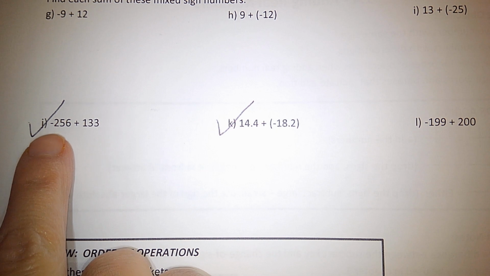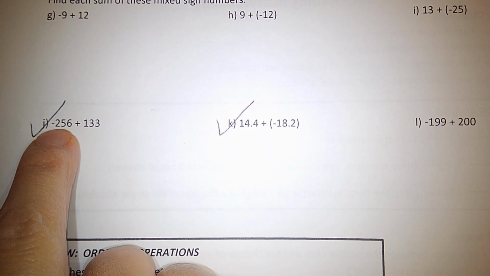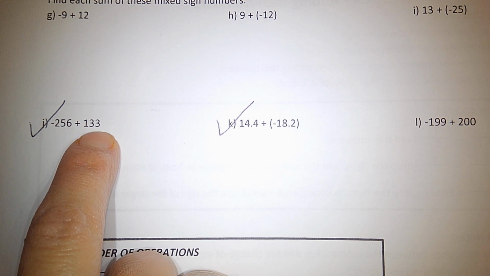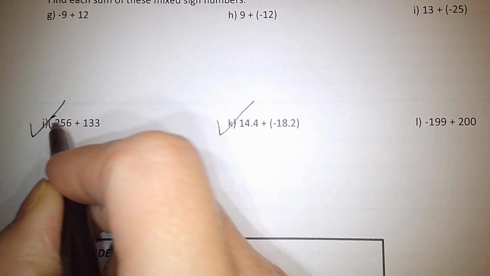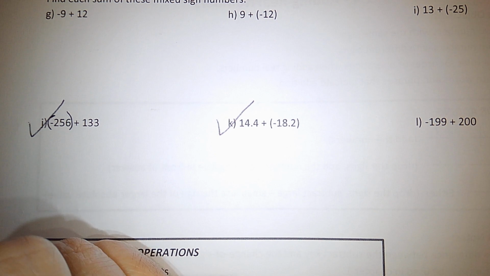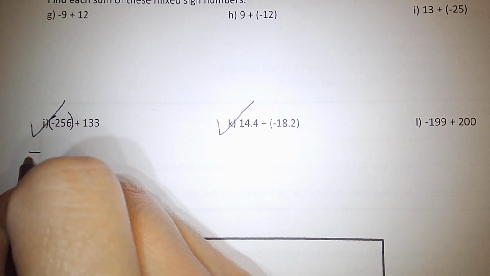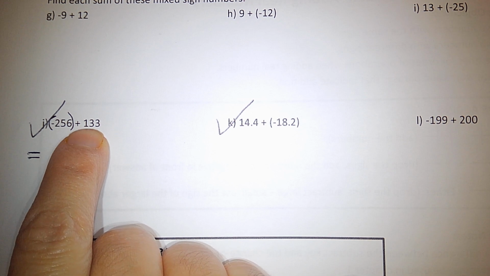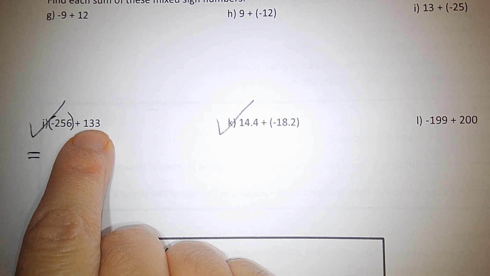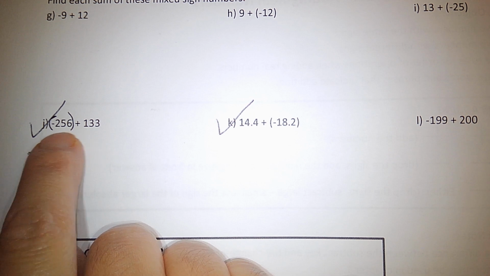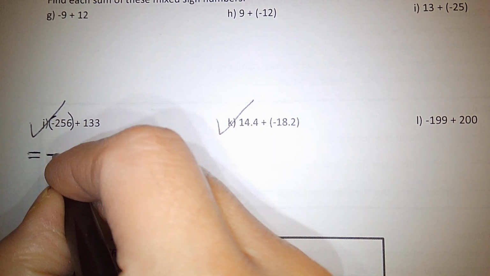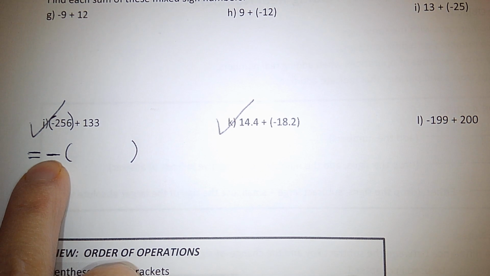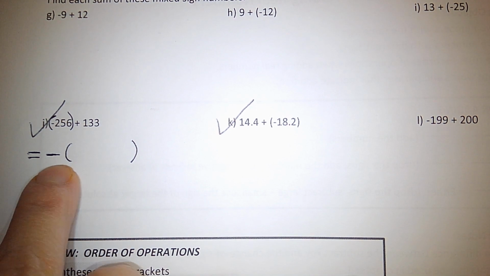Question J. Negative 256 plus 133. Which number has a greater absolute value, the negative number or the positive number? 200 something, right? So eventually, we know the final result must be a negative number, right?